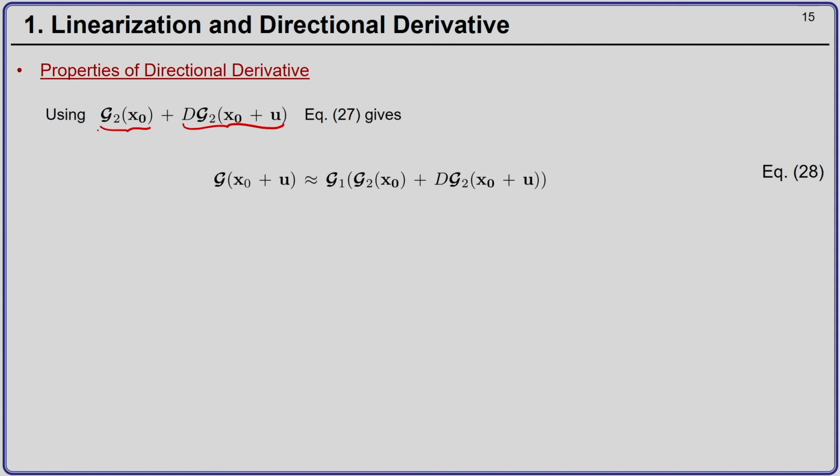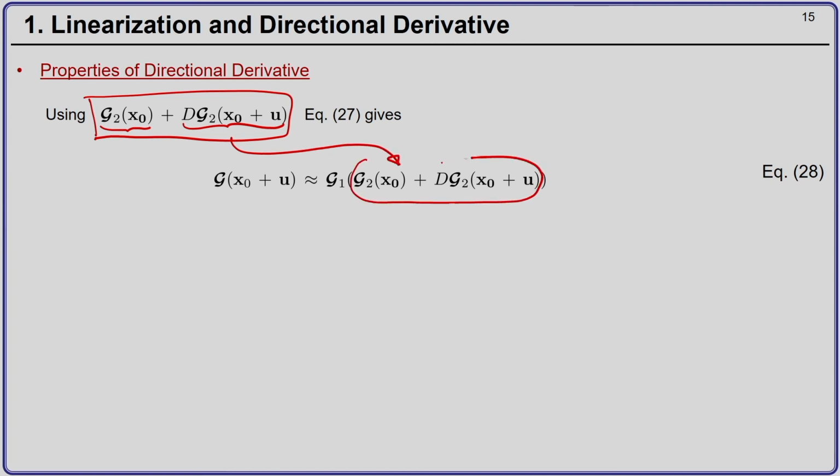Therefore, substituting this expression over here. So, this was nothing but G 2 at x 0 plus u. Okay. So, this is the Taylor series expansion of G 2. Now, you can imagine G 2 as another vector, and this term over here is the direction.